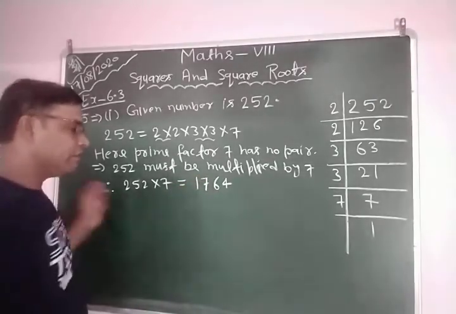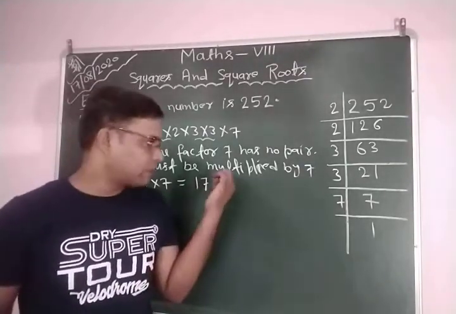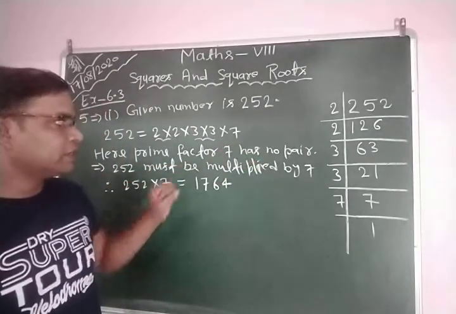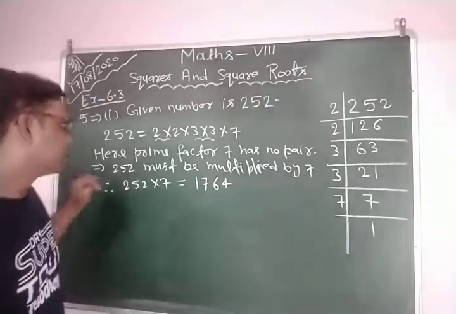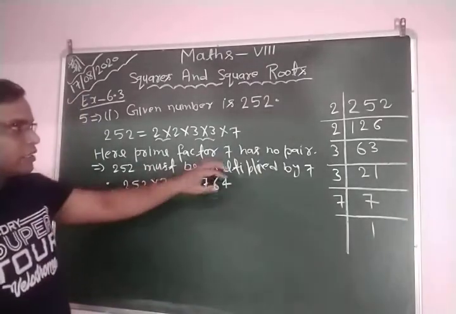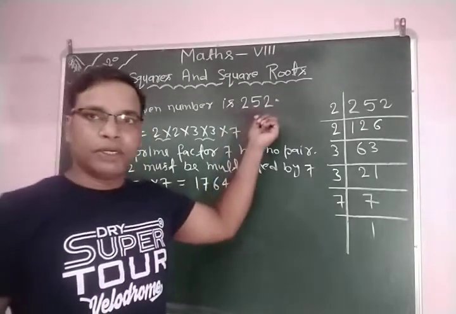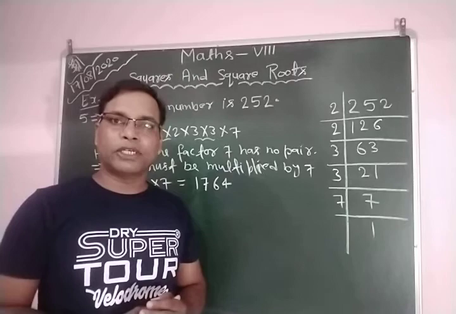In this way we obtain 1764. This is a perfect square number because we multiplied this number by 7. So this is our required number. The required smallest number is 7. If we multiply 252 by 7, then we obtain a perfect square number.